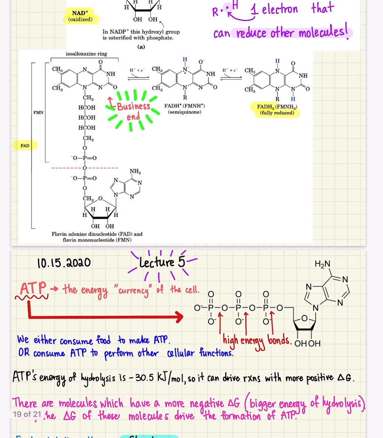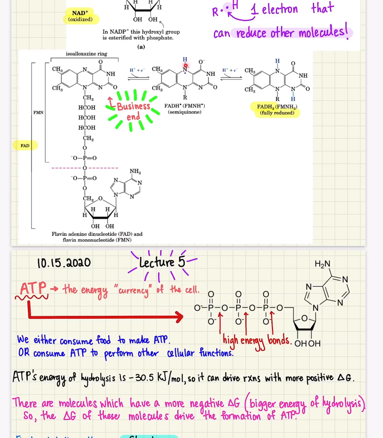Now, if we talk about FAD, this is the huge structure of FAD. But again, there is a business end, and that's what we need to focus on. We need to focus especially on this nitrogen and this nitrogen. And again, as we saw with NAD, an electron with its hydrogen is added to FAD's business end one by one.